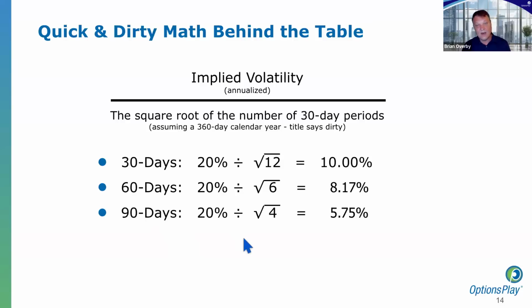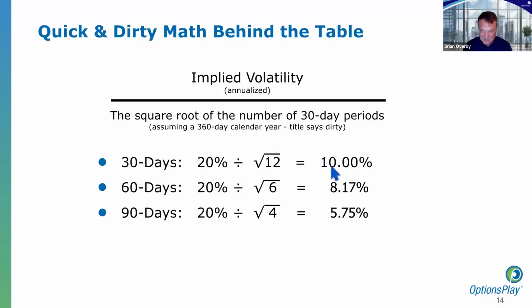So here's the way that I calculated the table. And I'll show you the table again, but I'm going to focus on the 20% implied because that was our standard deviation that we were looking at. How many 30-day periods are in a 1-year period, or 360 days? And the answer is there are 12 periods. So you take 20% divided by the square root of 12, and you come up with a 10. Oh, I got these backwards.